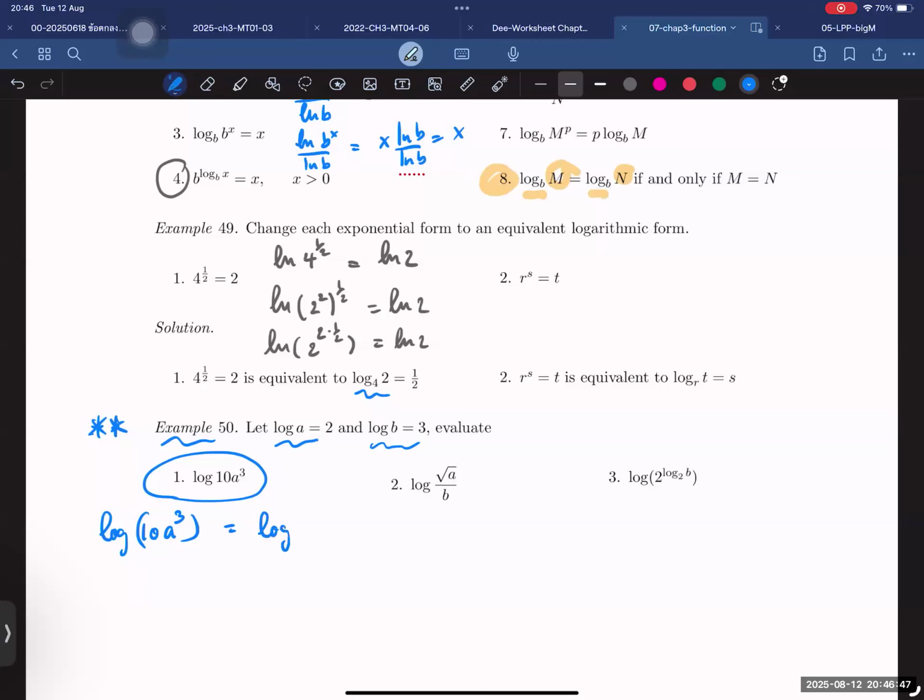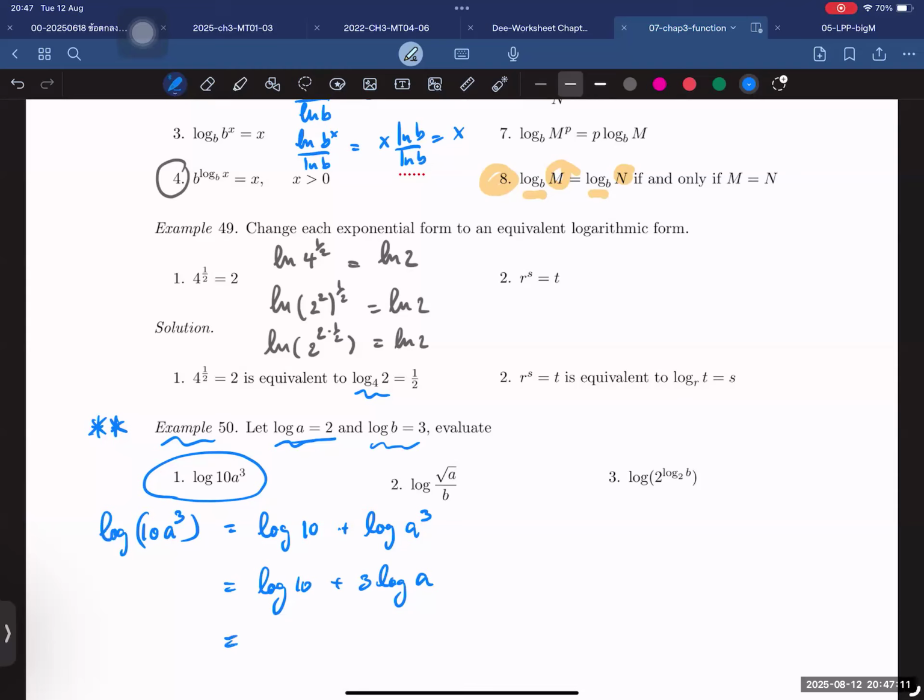So that's the log of 10 plus the log of a cubed. We use the property of log of a cubed here. We move 3 as the coefficient. So we have log of 10 plus 3 times log of a.